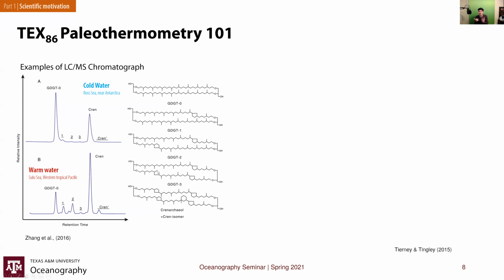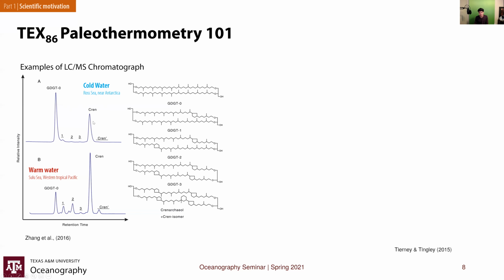And there are 6 common GDGT fractions that we generally find in marine sediments. We can see the relative abundance of each fraction by doing the LCMS analysis. On the left-hand side here, you see examples of sediments collected from the colder water region and the warmer region.